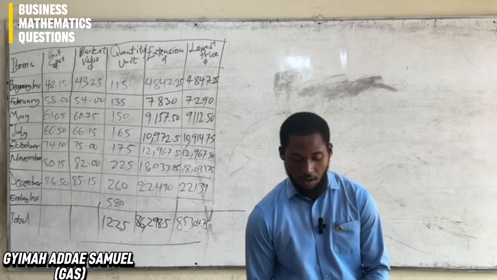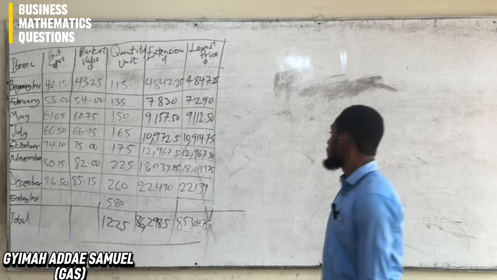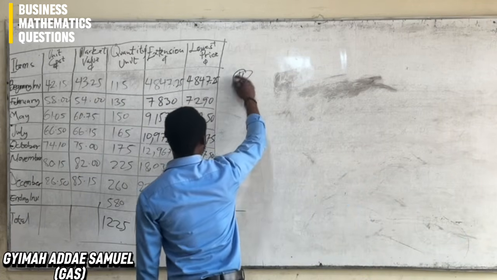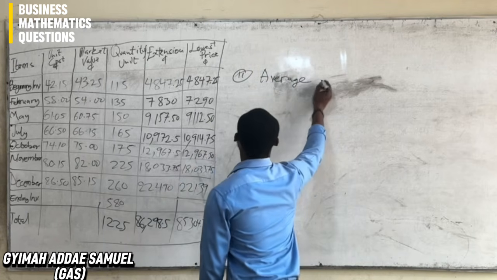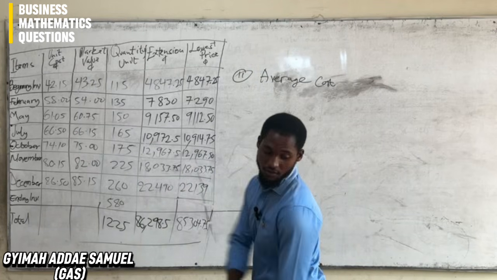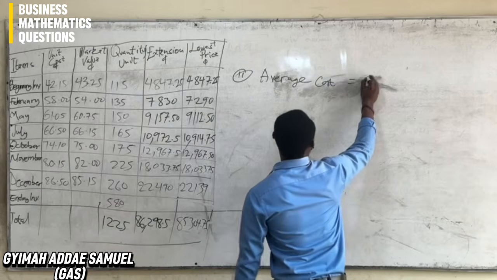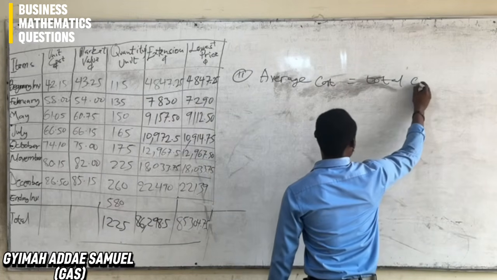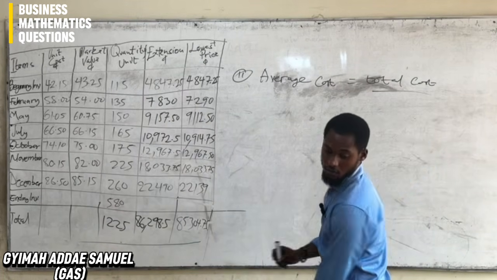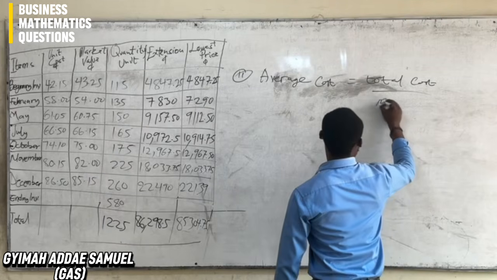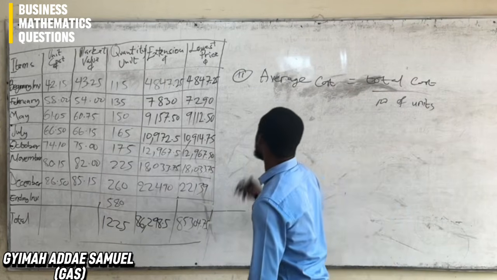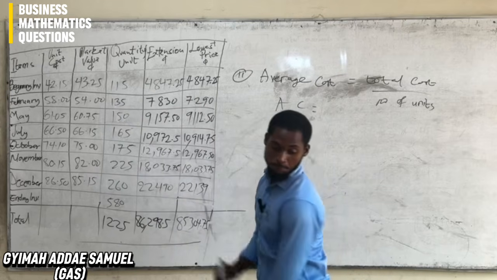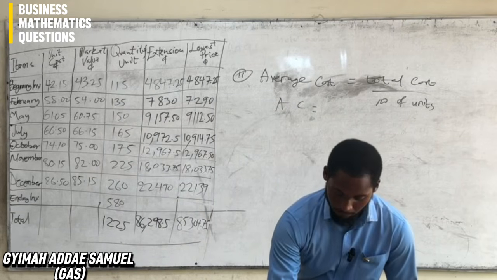So the average cost, which is question 11, is total cost over number of units.